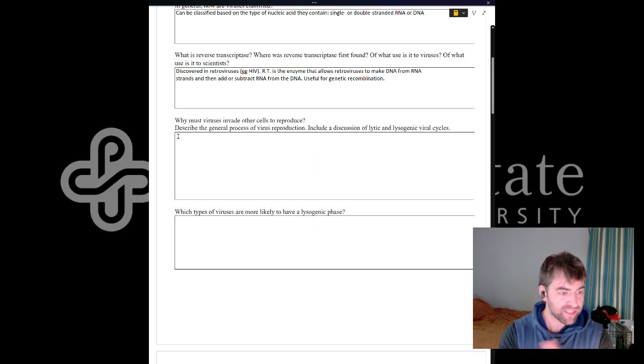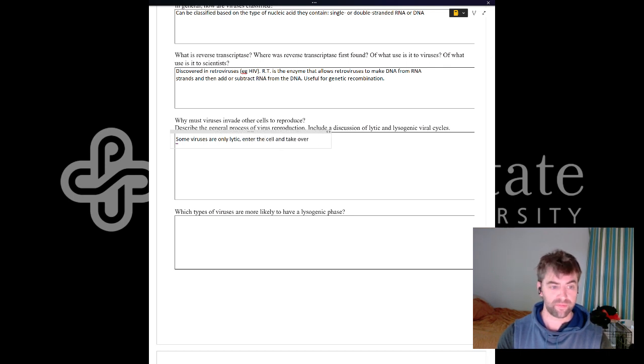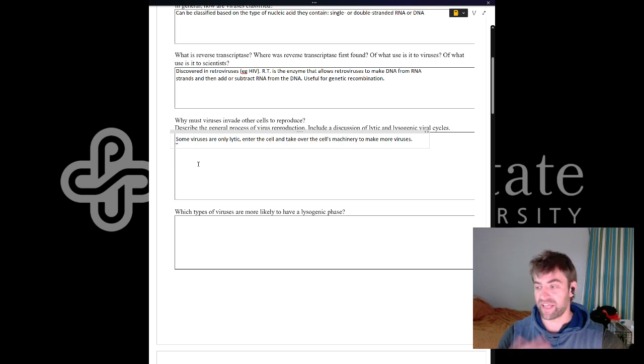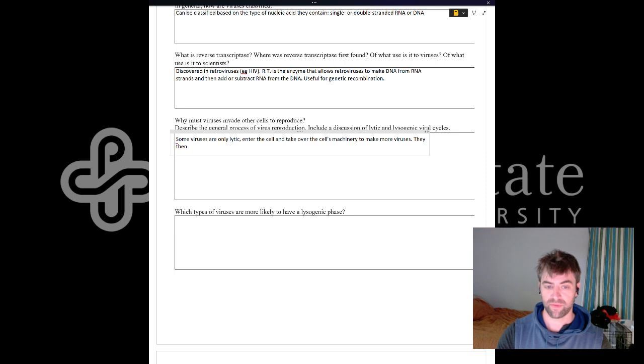In the lytic cycle, viruses take over the cell's machinery to make more viruses, and then they lyse the cell to release those viruses to allow the new virus to escape and attack other cells.